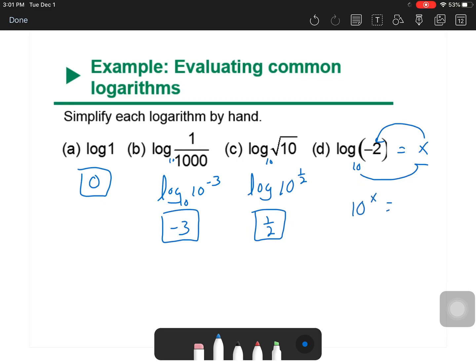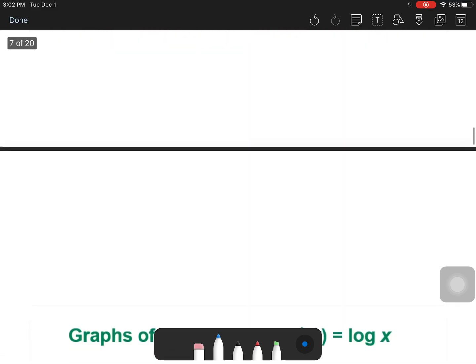Well, that never happens. You can't take a positive base and take it to some power and make it a negative value. So this is no solution, or does not exist. You can put either of those expressions there. Okay, all right, moving on.